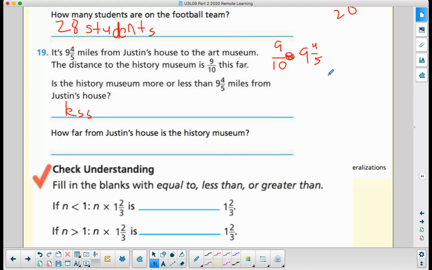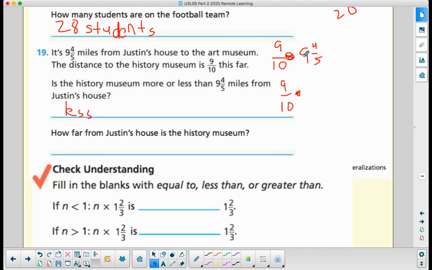All right. Now I can break up this one in my distributive property. Why don't I do it the other way? Sure. I'm going to do it the other way. I'm going to take the fraction 9/10 and change 9 4/5 into a fraction. 9 multiplied by 5 is 45.